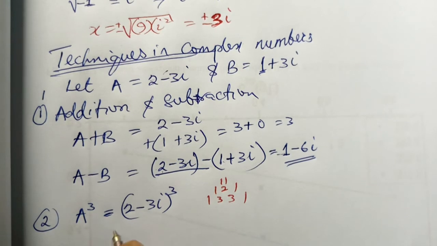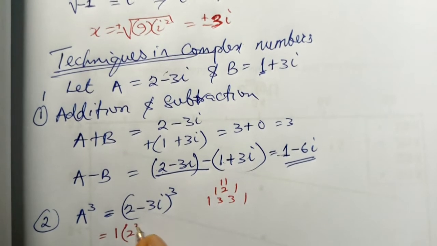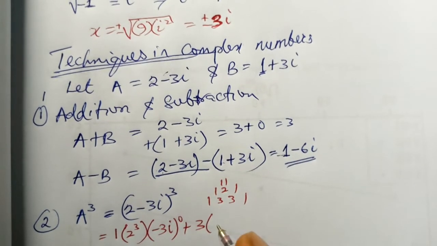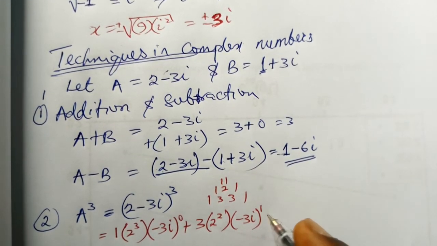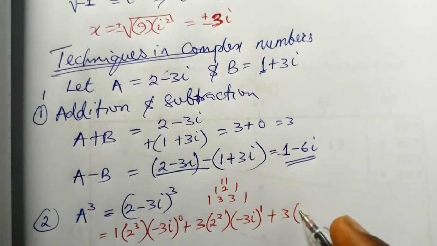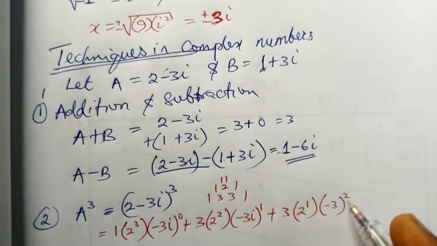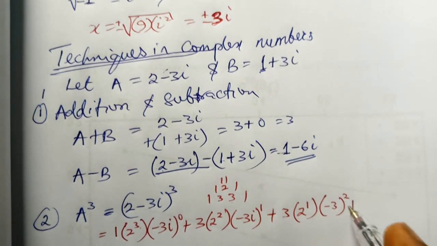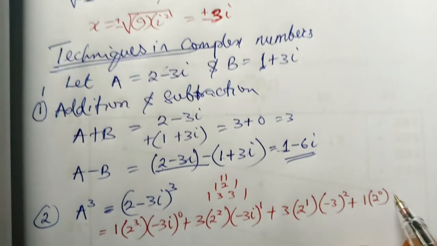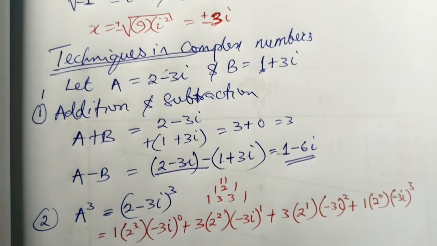We'll have 1 times 2 raised to power 3 times minus 3i raised to power 0, plus 3 times 2 raised to power 2 times minus 3i raised to power 1, plus another 3 times 2 raised to power 1 times minus 3i raised to power 2, and the last one is 1 times 2 raised to power 0 times minus 3i raised to power 3.